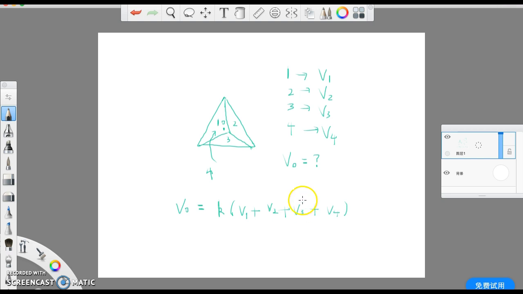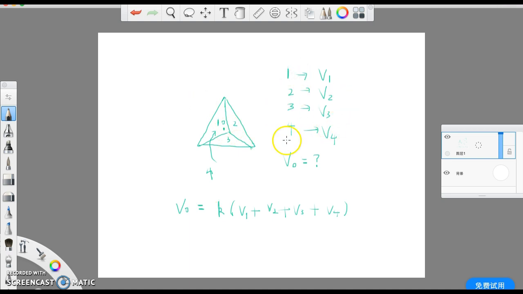So the problem is just to find that proportionality constant k, and in fact if you assume that V1 equals V2 equals V3 equals V4, then the whole system, the entire tetrahedron, is an equipotential body, right?